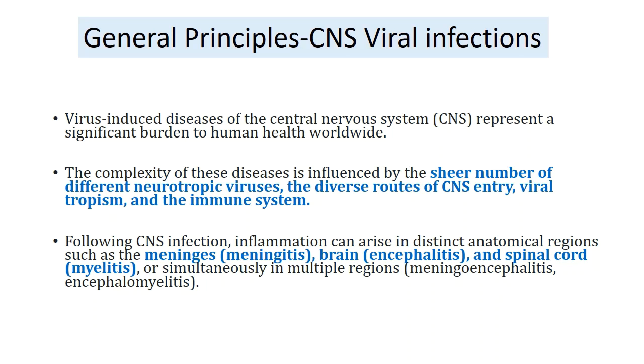Following any CNS infection, inflammation can arise in different anatomical sites, as we all know. That is, it can either be a meningitis or an encephalitis, or involve the spinal cord resulting in myelitis. Or for that matter, it can simultaneously involve multiple sites like the meninges and the brain, causing meningoencephalitis, or brain and spinal cord resulting in encephalomyelitis.